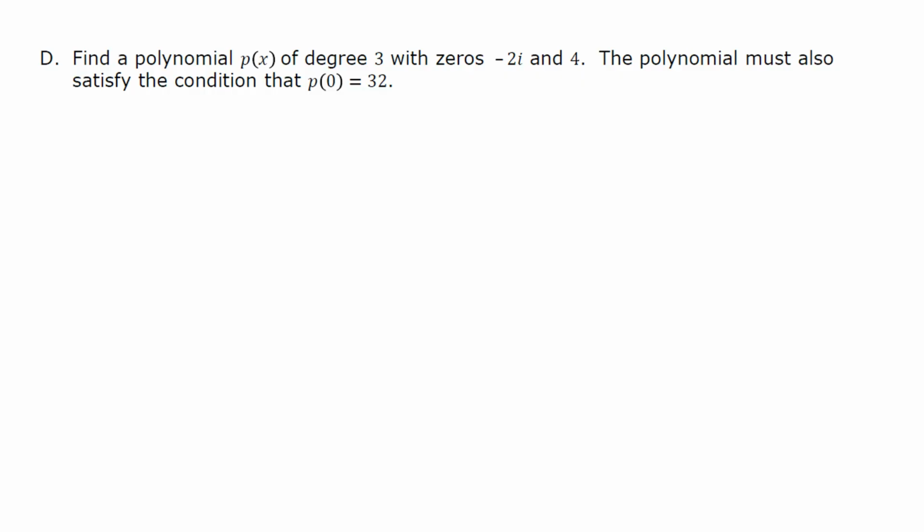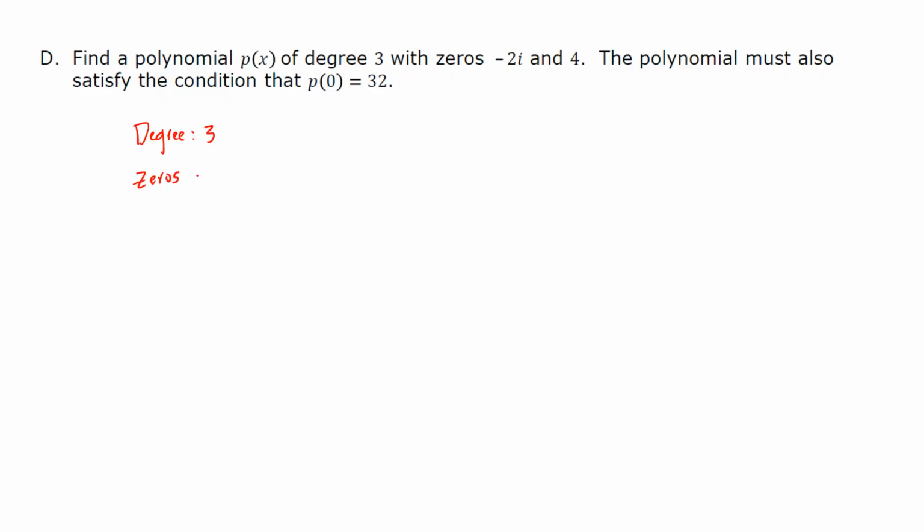Let's do another one. So here we have a polynomial p of x of degree 3. So we know that its highest power is going to be 3. And it has zeros negative 2i and 4. And the polynomial must also satisfy the condition p of 0 equals 32. Okay. So our degree is 3.